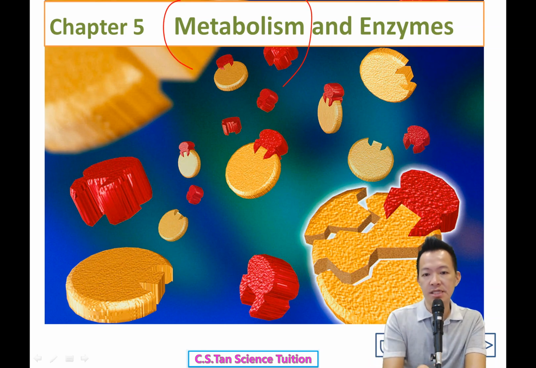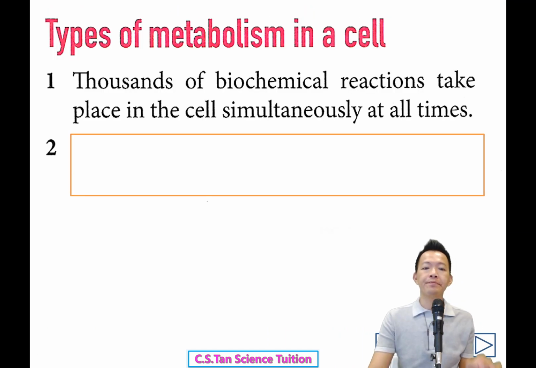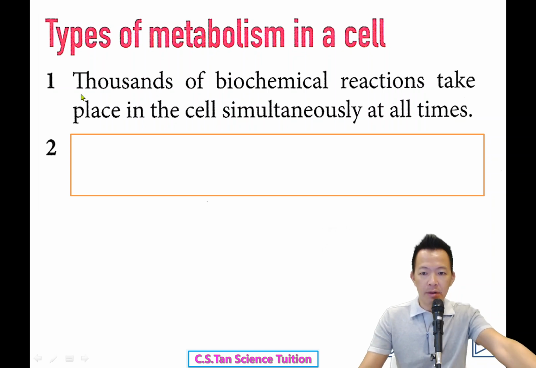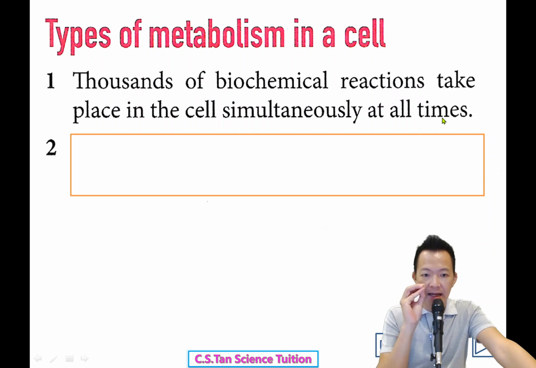So now we start the first title called metabolism, 新陈代谢. Thousands of biochemical reactions take place in the cells simultaneously, at the same time. Every day, 24 hours, there are thousands of biochemical reactions taking place in our cells. 细胞里面有百万亿个的化学反应, biochemical reactions.